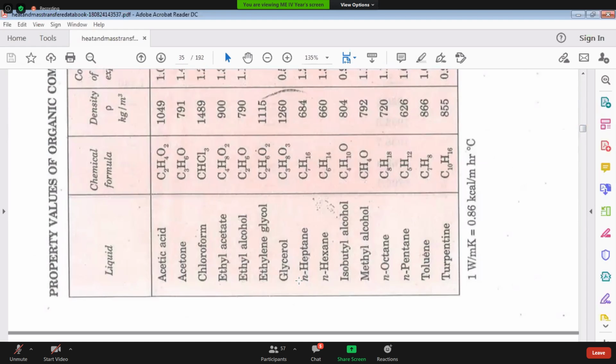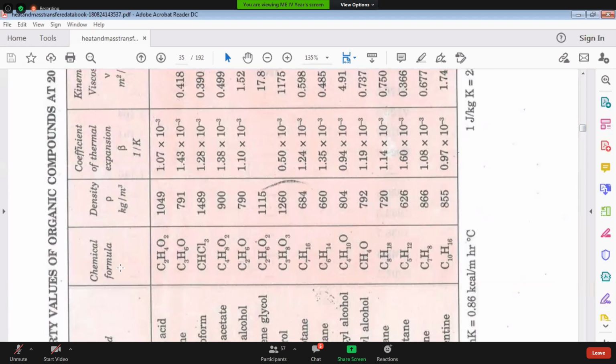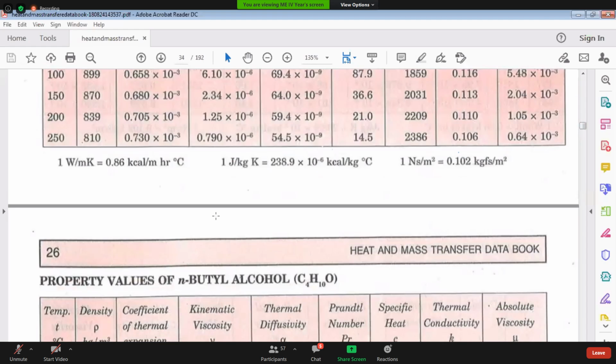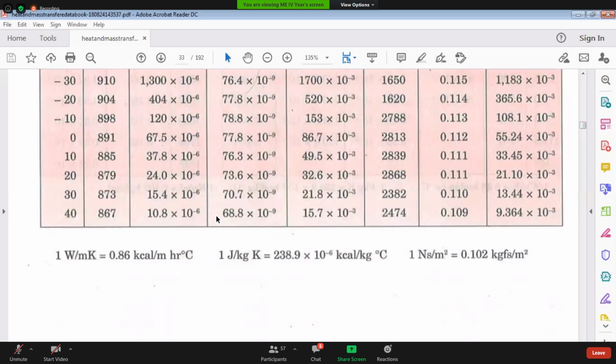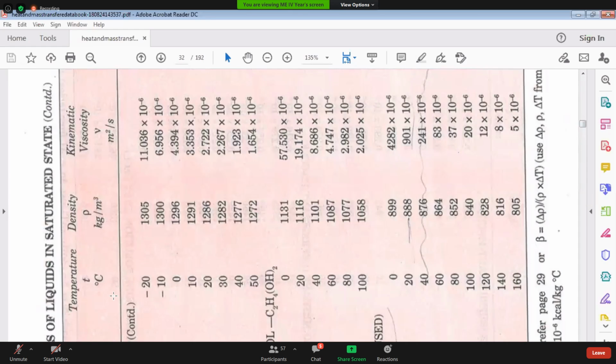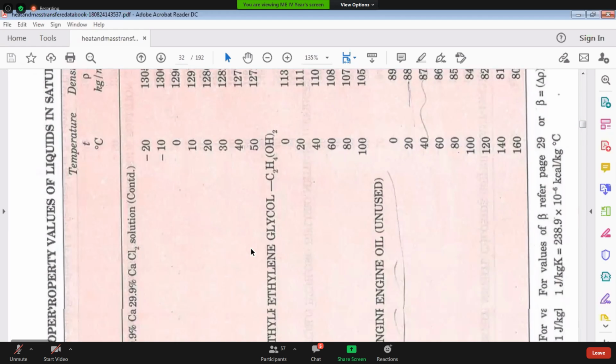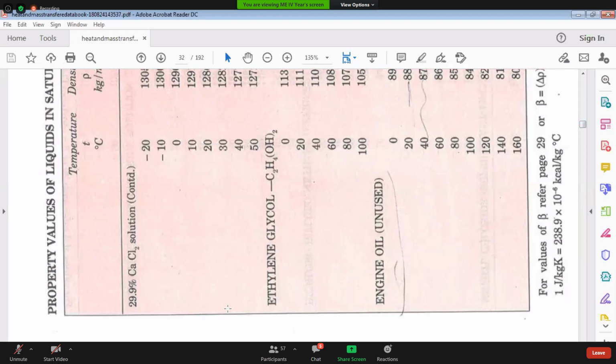Steam tables from Daniel. Whatever steam tables you used, those will also be available here. Like organic compounds. See, property values of molten salt, N-butyl alcohol. There are many properties. See, property values of liquids in saturated state, like glycol, engine oil.